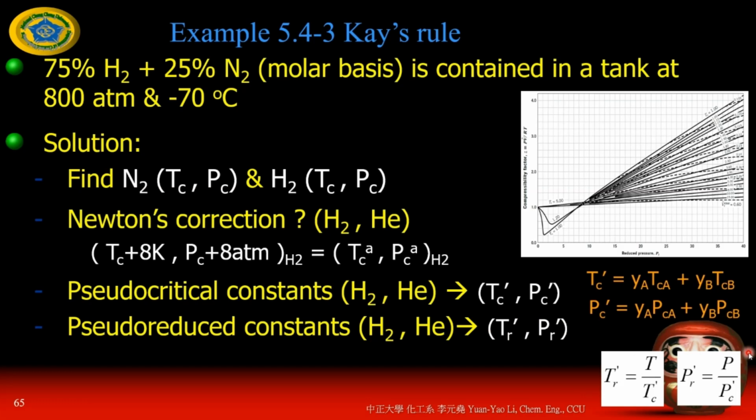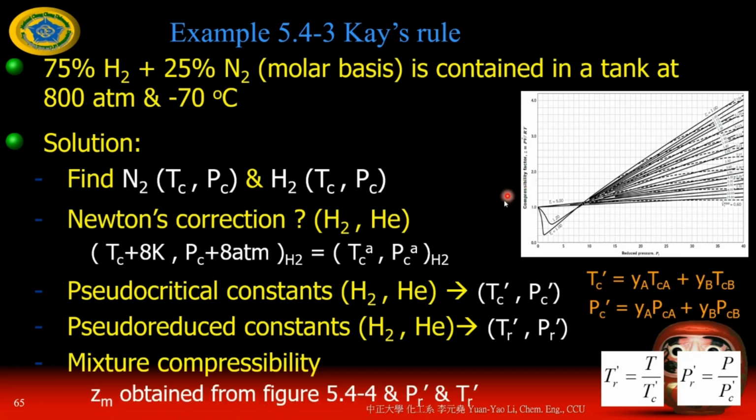And then what happened? If you have TR prime and PR prime, you go to this chart and find ZM, the mixture compressibility factor, right? So you obtain it from figure 5.4-4 using PR prime and TR prime.